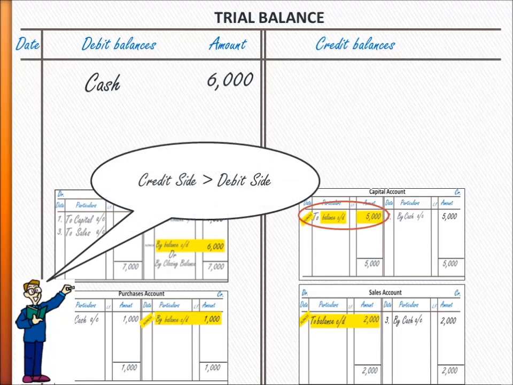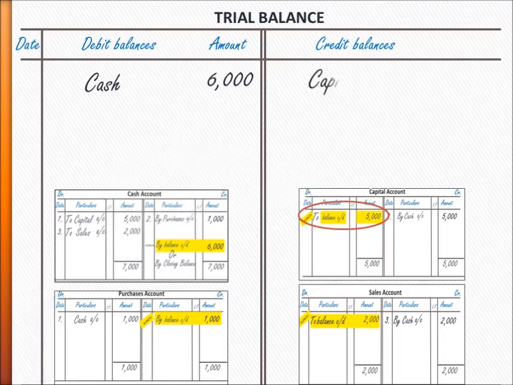So we can say the capital account is carrying credit balance. Credit balance means the credit side of capital is stronger. So this 5,000 from the debit side will be taken to the credit side of trial balance and write down capital account rupees 5,000. Again the scissors style.